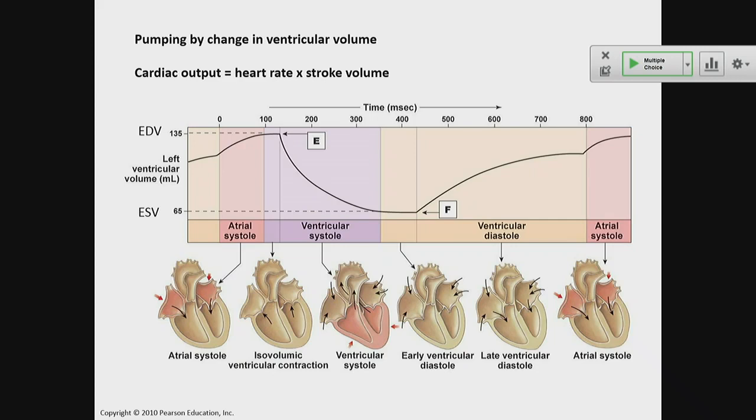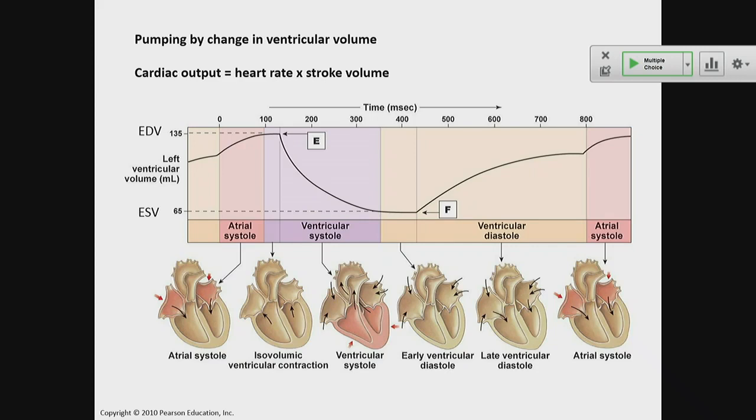There's always a remaining amount of blood in it, even at the end of contraction. We call that remaining amount of blood at the end of the contraction the end systolic volume, and you can see from the figure it's about 65 milliliters.